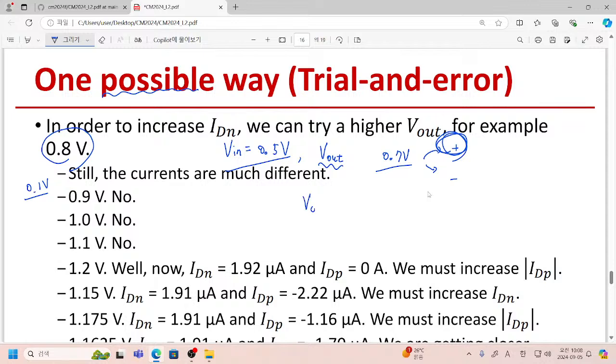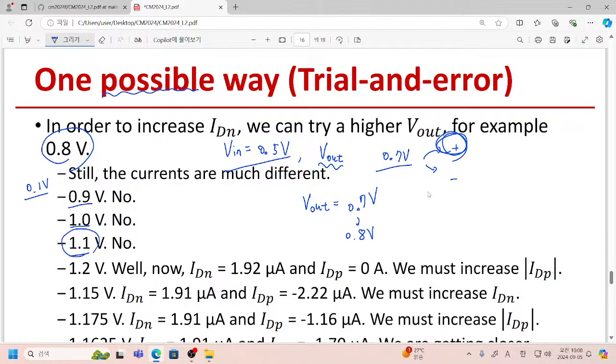Previously, we tried 0.7 volt and we failed, and from this observation, the right direction is 0.8. Increase it, and we still have a much imbalanced result, and we can go further and further.